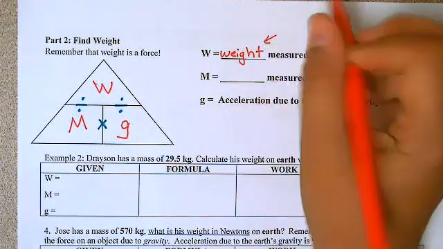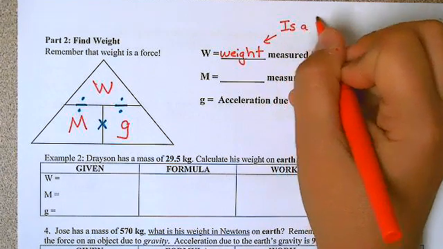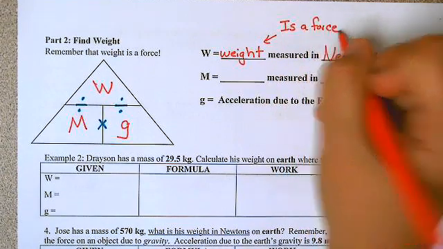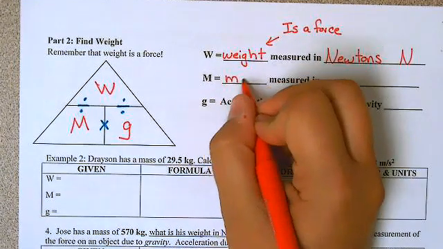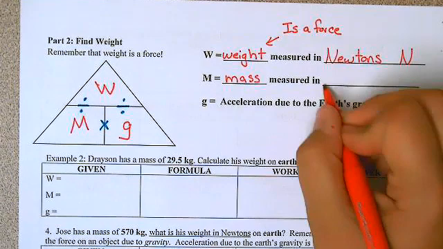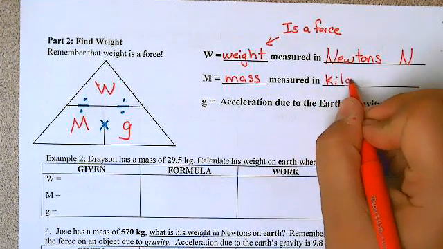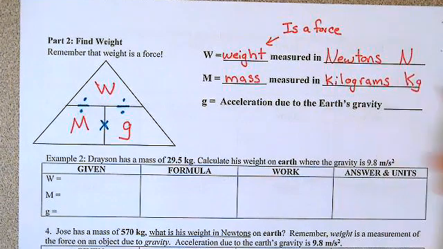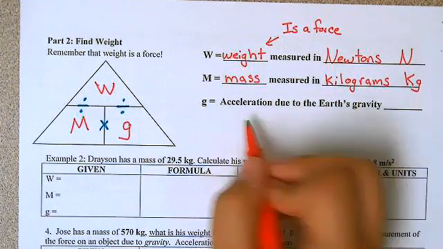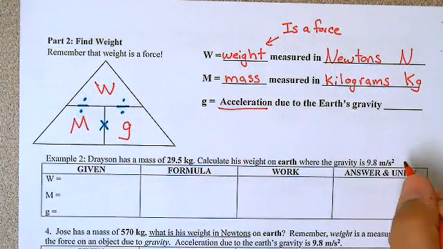So weight is a force. Okay, the M is the mass, measured in kilograms, just like last time, represented by kg. And G is the acceleration due to Earth's gravity.